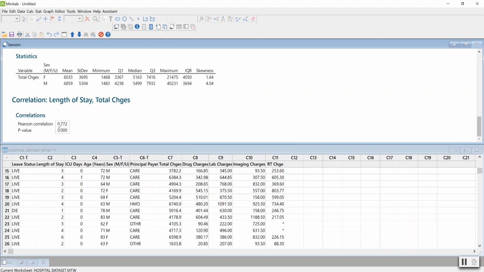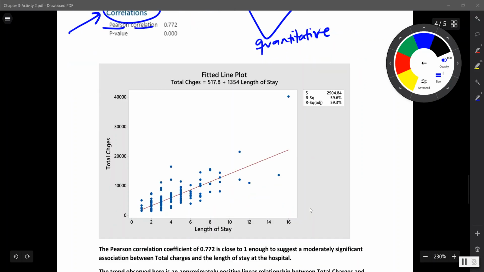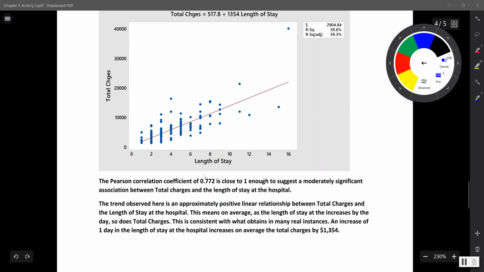Now, for the Pearson correlation here, which is 0.772, going back to our page, what does this mean? This means 77.2%, because if you multiply this by 100%, you get 77.2%. So what this means is that 0.772 is very close to 1.